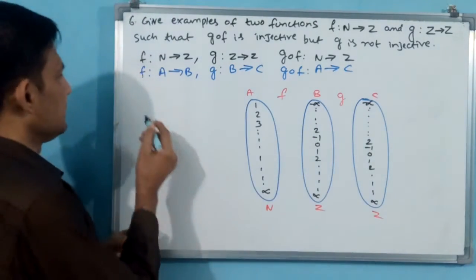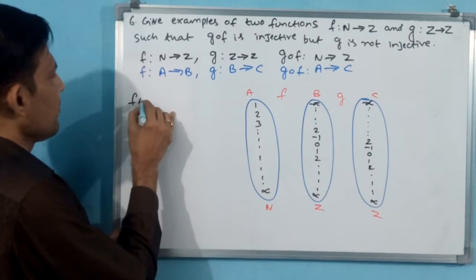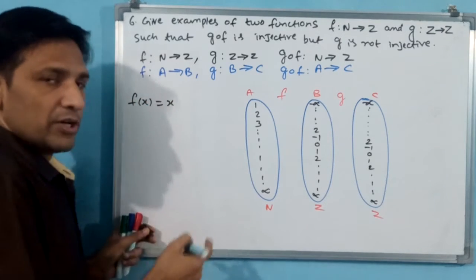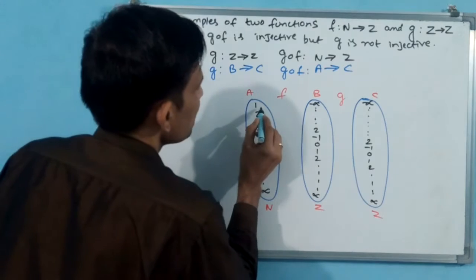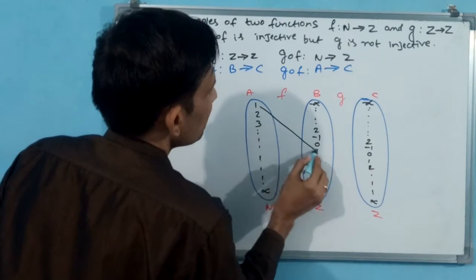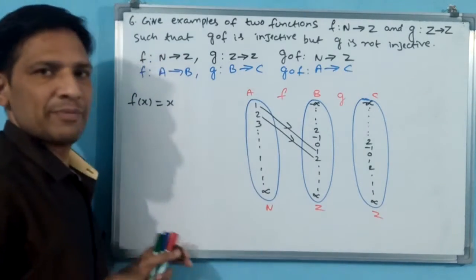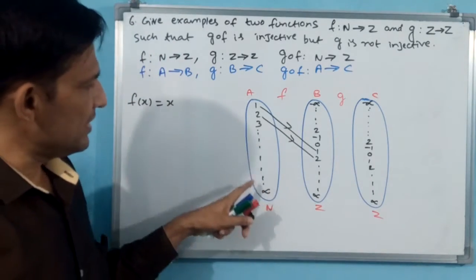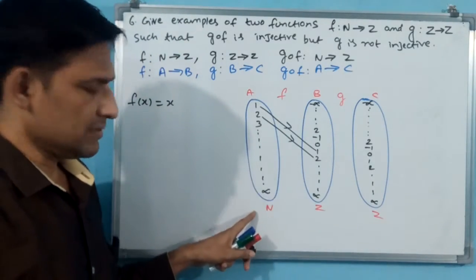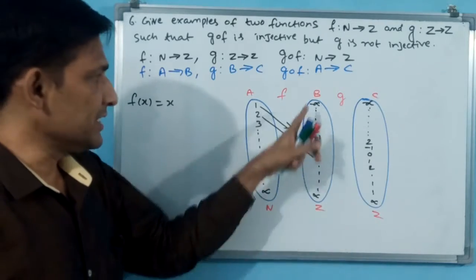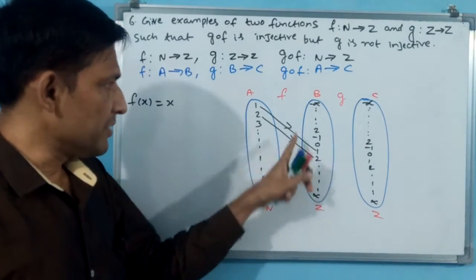f(x) is x. Say f of x is equal to x. If you give 1, 1 will come. That means one-one connection will go. If you give 2, 2 connection will go. Like this, every element from this domain will be occupied, and here connection will be for 1, 1 only.